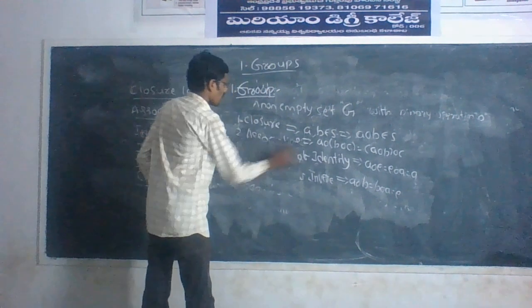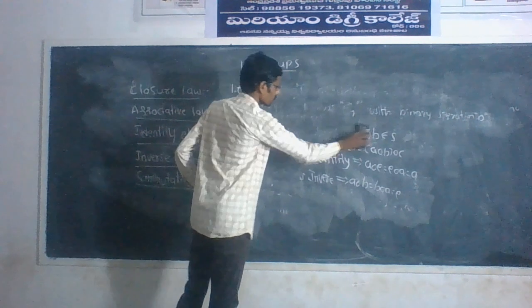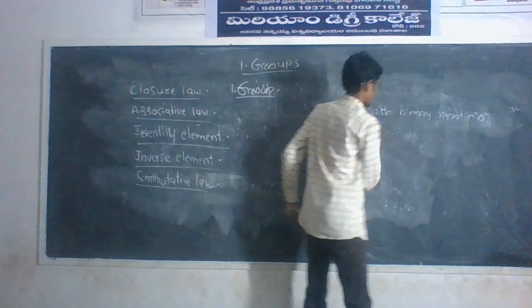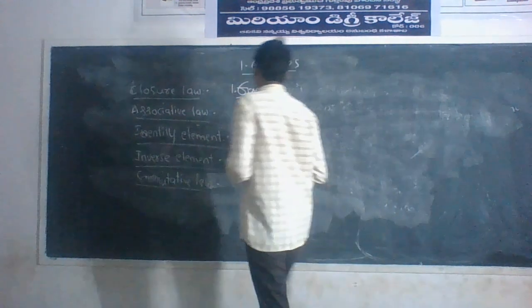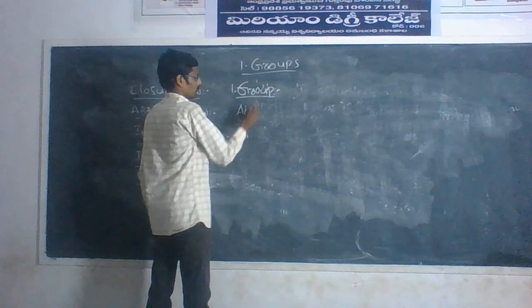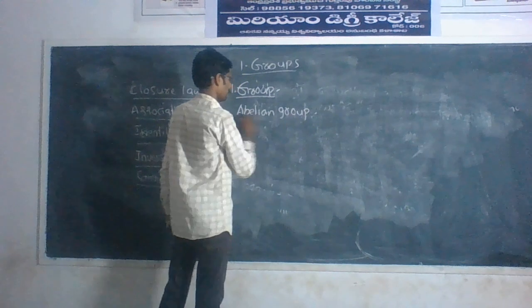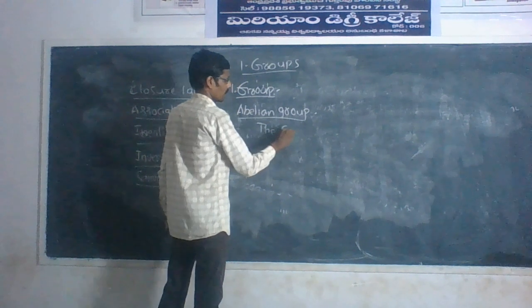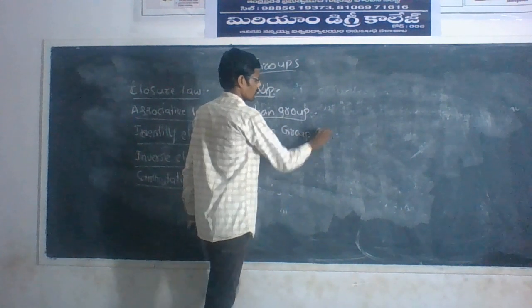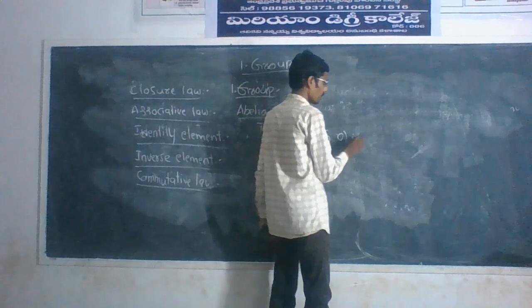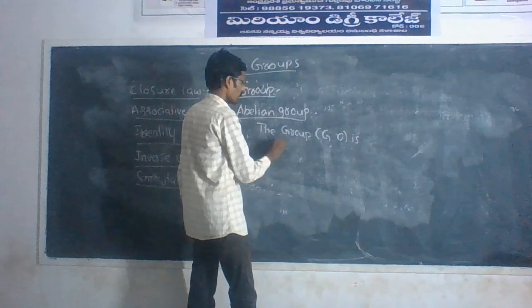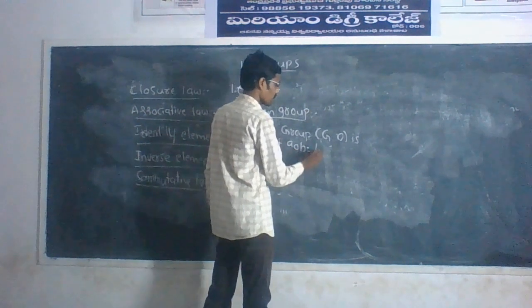Next, last, abelian group. The group (G, circle) is said to be an abelian group if a circle b is equal to b circle a.